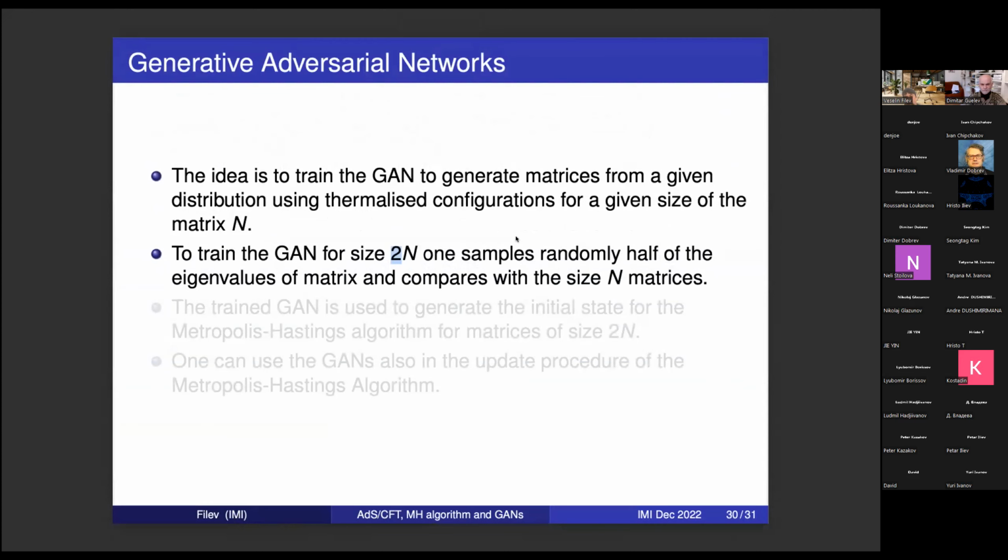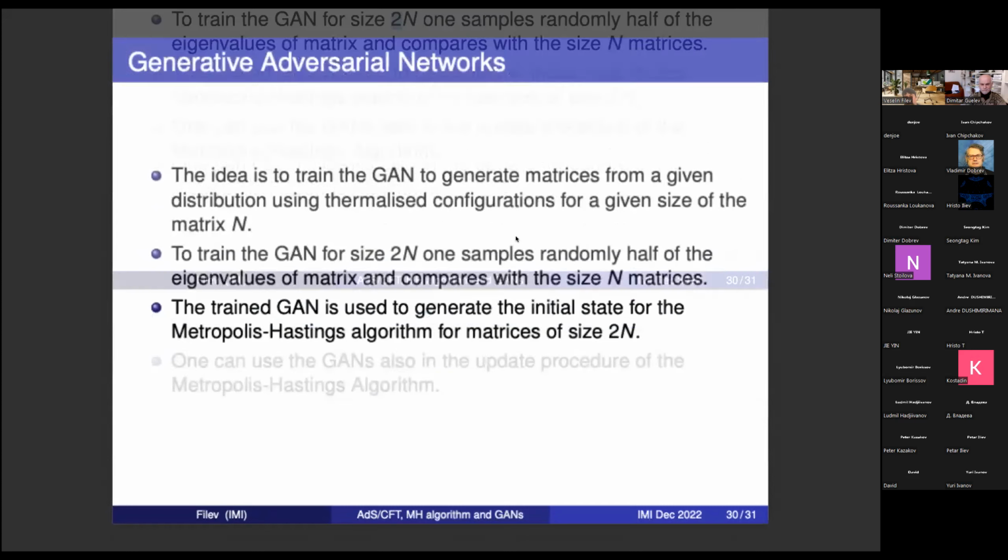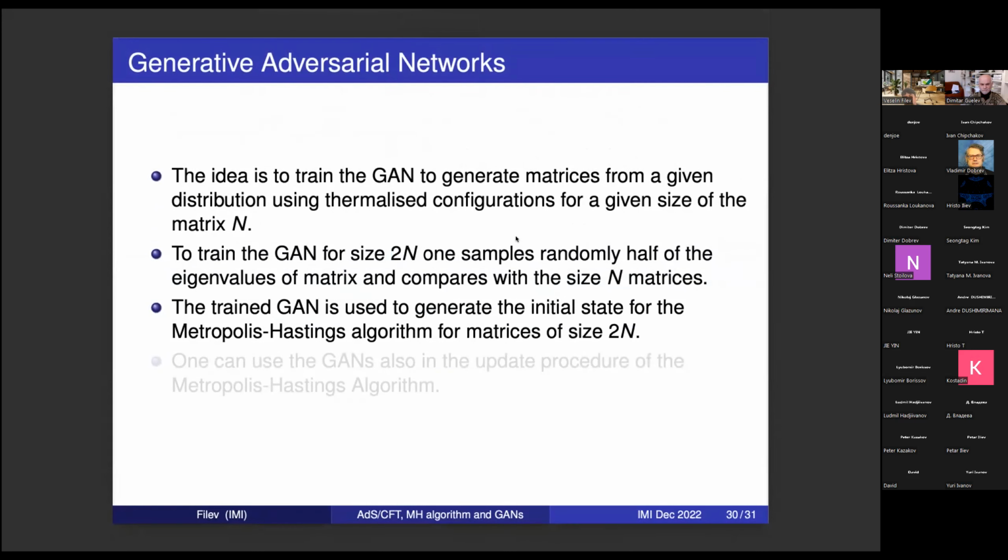It all depends on the details, but if it's a very expensive simulation system, it might be even useful to use the GANs to modify the proposal state of the Metropolis-Hastings algorithm, where you propose a new state. Instead of taking the old state and evolving it slightly so that I don't generate a big change, maybe because I'm doing this blindly and modifying it slightly so that I don't violate the distribution too much, what if I know a way to generate a new state from the distribution and offer it?